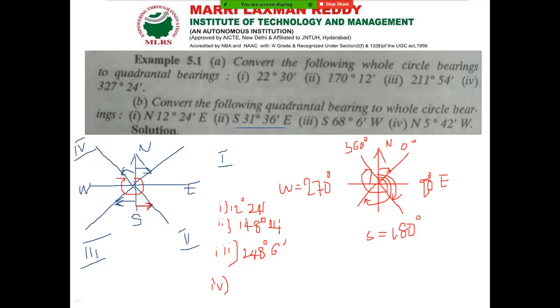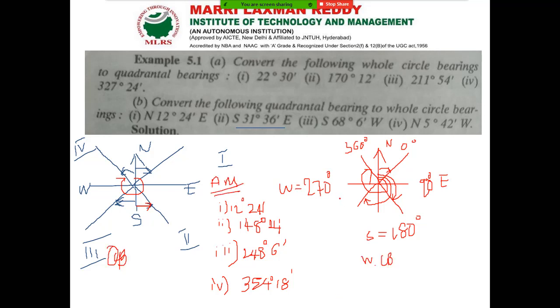So 360 degree minus 5 degree 42 minutes gives the answer of 354 degree 18 minutes. So this is how we have to convert our quadrantal bearing system into whole circle bearing system.